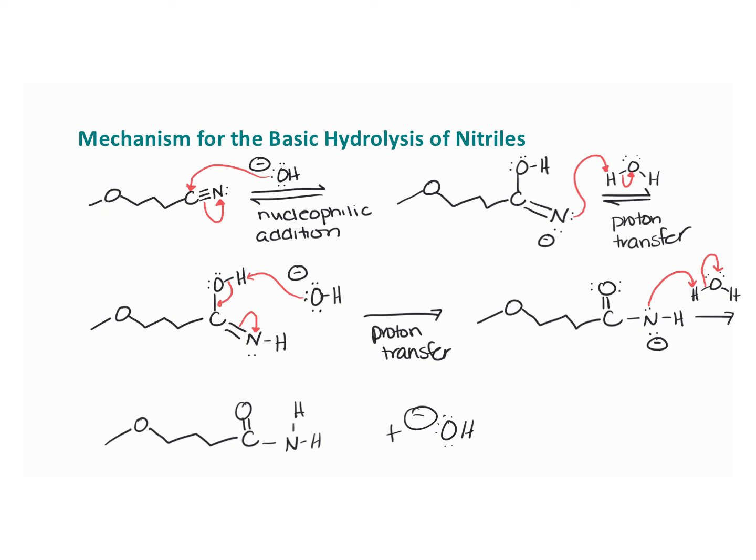And so because the reaction takes place under basic conditions, there are no strongly acidic species. So make sure that you are watching out: if you are in basic conditions, we shouldn't have any strongly acidic species, and if you're in acidic conditions, you should not have any strongly basic species.